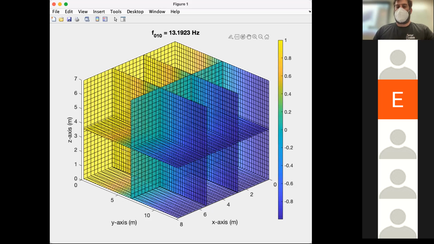There's no maxima there, right? I don't know how well you guys can see my mouse, but right there at the front doesn't make any sense. The top doesn't make any sense. The far side, the one you can see the least, doesn't make any sense. The bottom side doesn't make any sense, because there are no waves that have those antinodes on those planes.